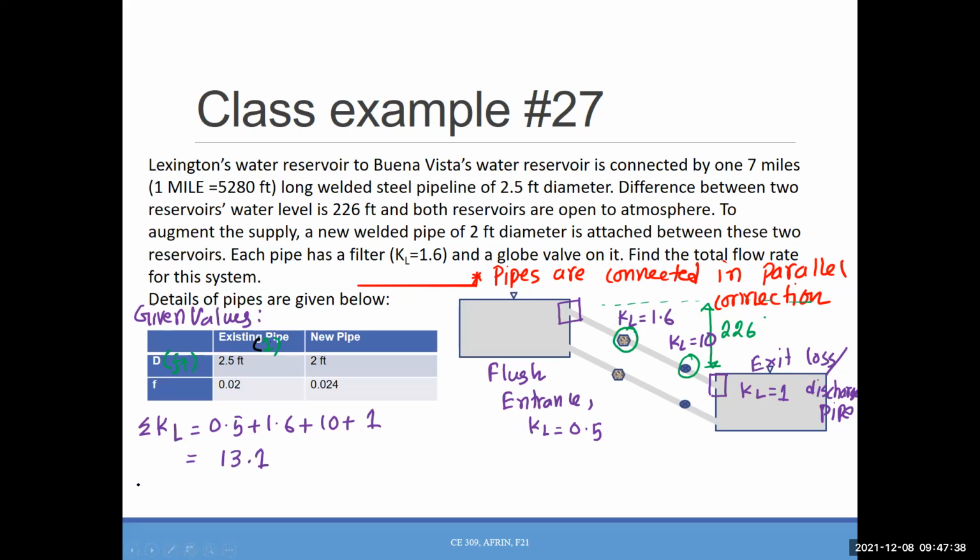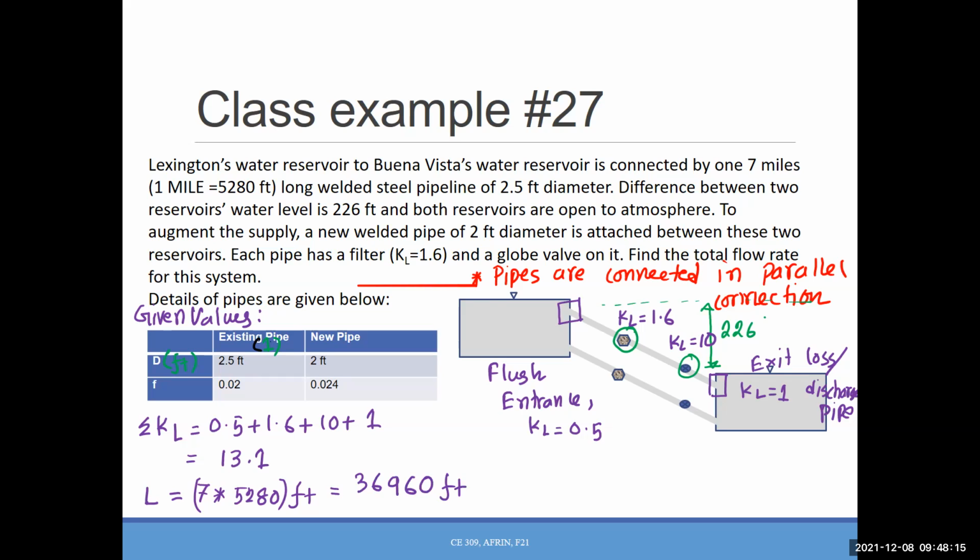Okay. Also, we know the length of the pipe, which is 7 multiplied by 5280 feet. So what is that number? 36,960. Okay. This one, right?